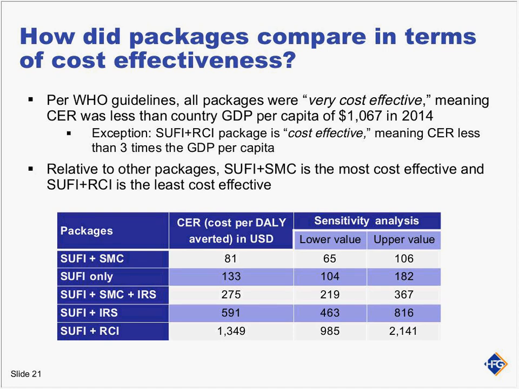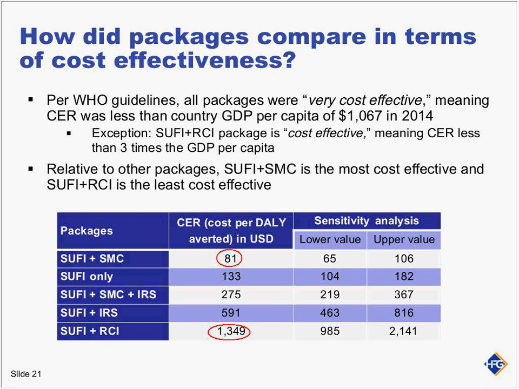An important finding: when we compare these packages relatively, we see that Sophie plus SMC, at $81 per DALY averted, is the most cost-effective one. The Sophie plus RCI, reactive case investigation, at 1,300, is the least cost-effective.